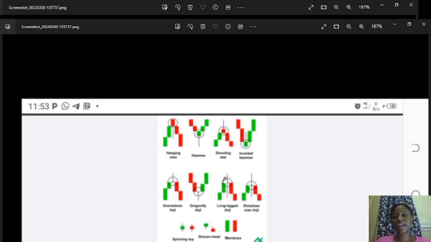Once you find that candle forming at the resistance area, it shows that the market is about changing from being bullish to a bearish trend. The same thing here. This is a similar long-legged doji, but it's called the Rickshaw Man doji.